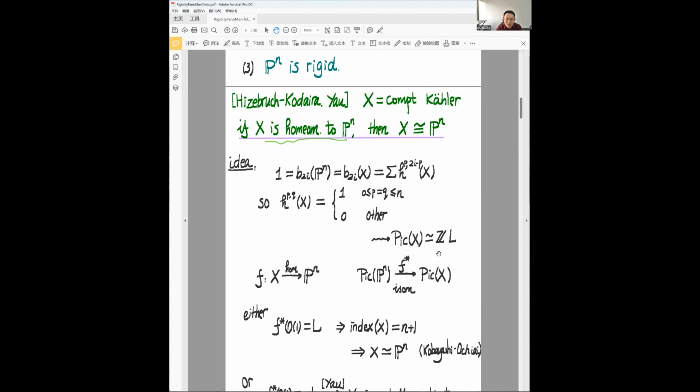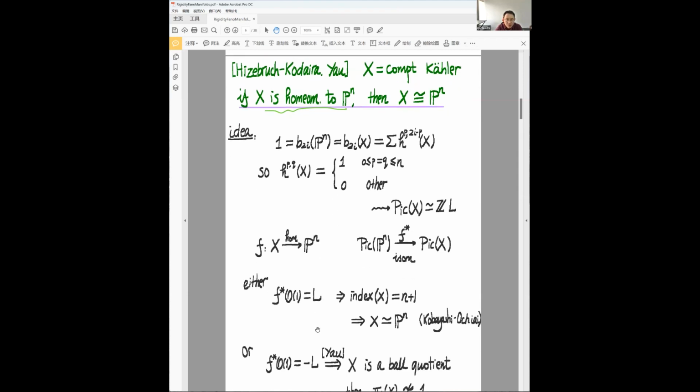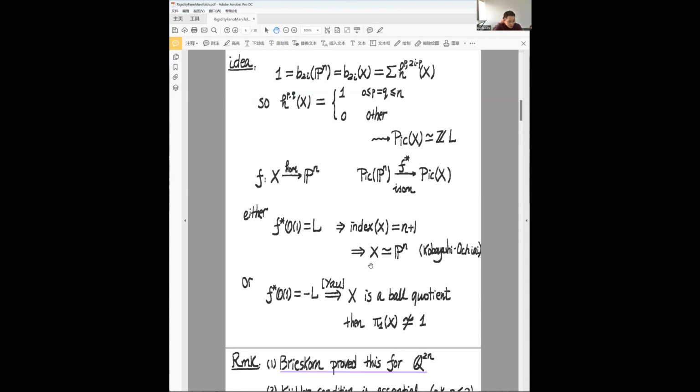And then you look at the pullback of this generator. There are two cases. Either this pullback is just L itself, which means L is ample, and then this would imply X itself is just Pn. But the difficult part is when the pullback of the ample generator on Pn is minus L, is negative.